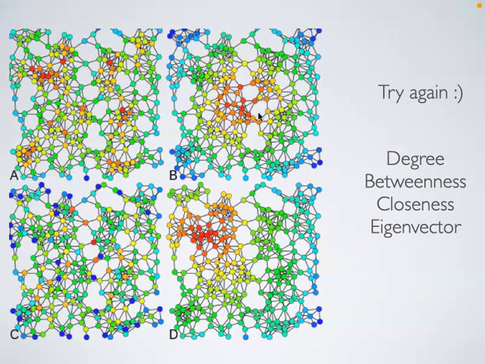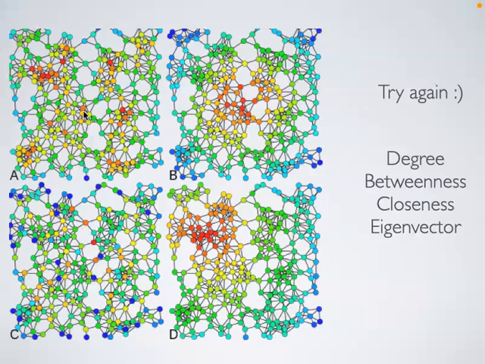So probably betweenness is this one, yes, because you see that some important nodes seem to be bridges between different parts. Like there is this rift in the middle, and all these edges seem to be important. So yeah, I will vote for it too.